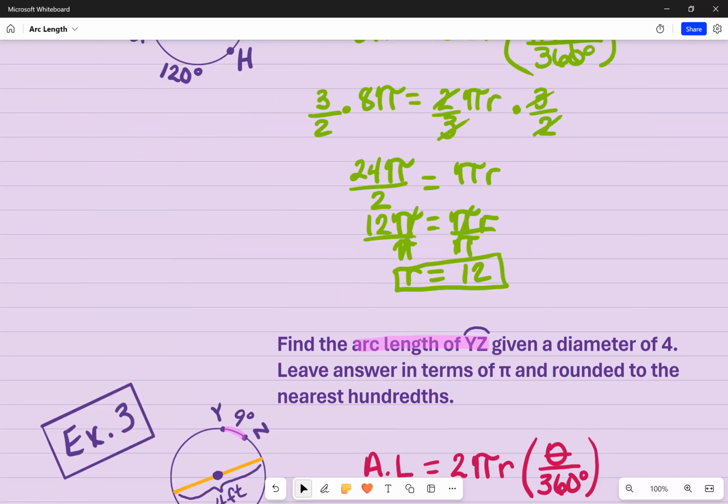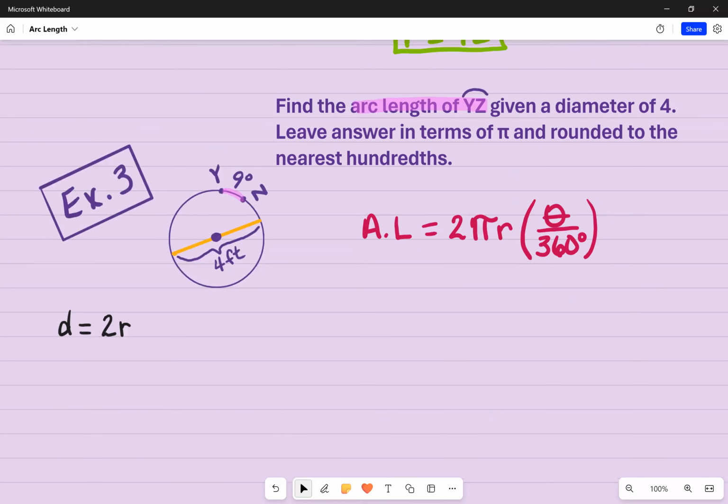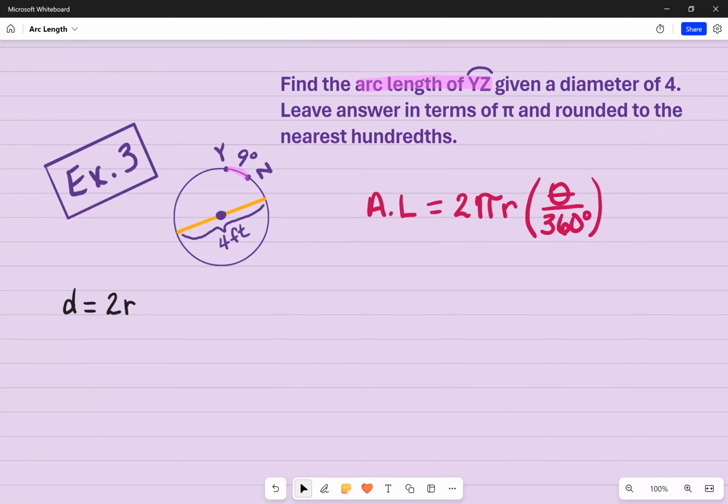For example 3, I am again asked to find the arc length of arc YZ, but this time I'm given a diameter of 4. I'm also asked to leave the answers in terms of pi, as well as round it to the nearest hundredth. So I should know that a diameter is comprised of 2 radii.